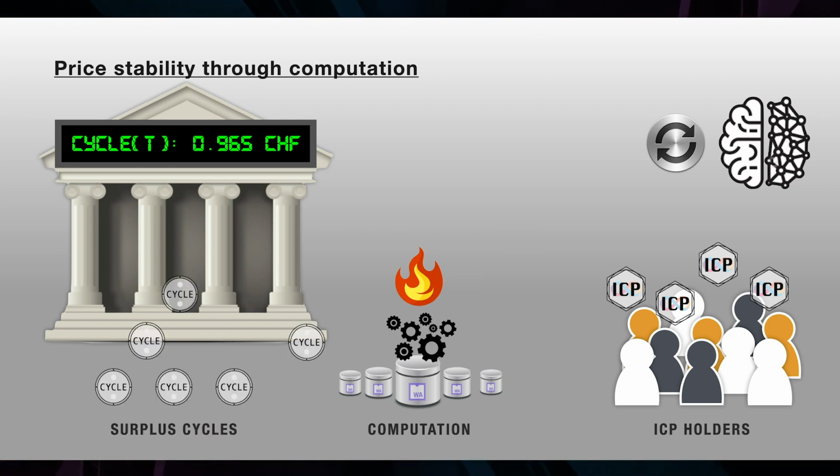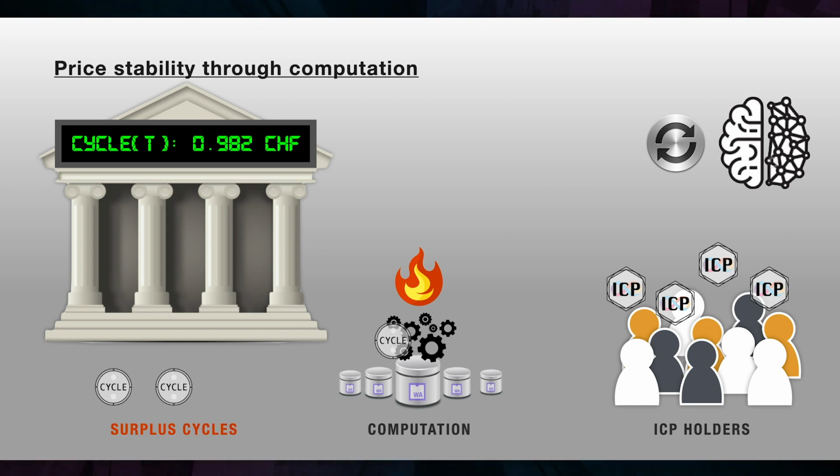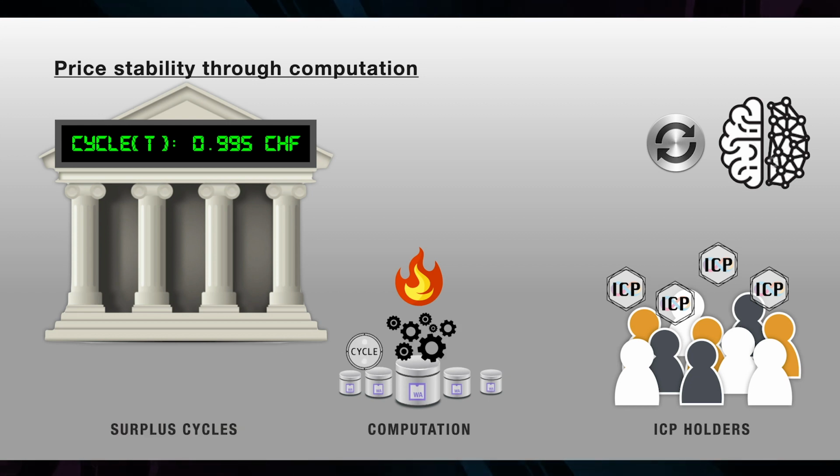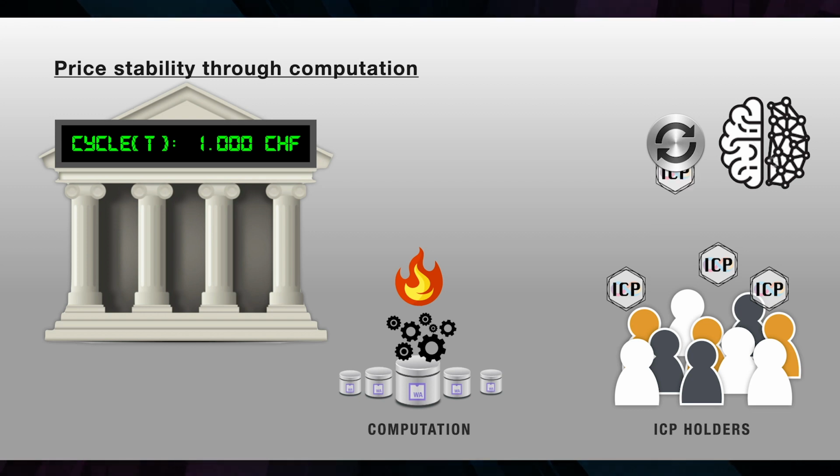Secondly, if there is ever a surplus of cycles on financial exchanges, say, and the price there falls, users will then purchase those cheaper surplus cycles for use as fuel, leading to them all eventually being burned by computation, such that future cycles will have to be created by converting ICP, which returns the price to its usual ceiling.